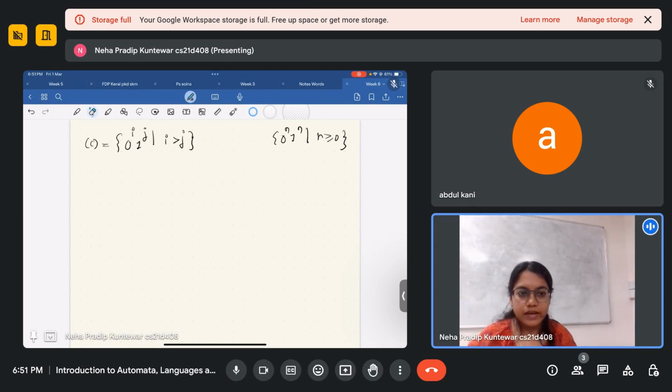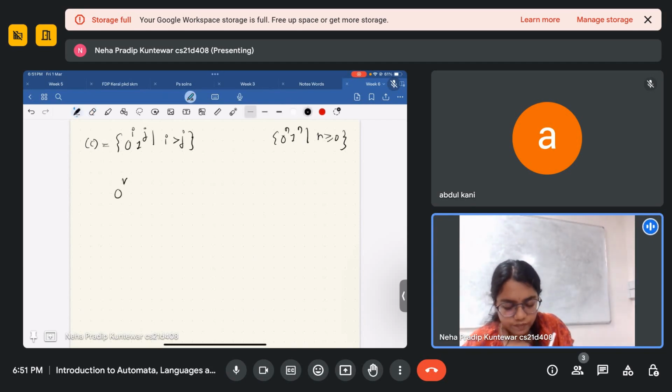Okay, so this one is slightly different from the previous examples. Let's look at 0 to the n plus 1 followed by 1 to the n. This string is in the language because the number of zeros is clearly more than the number of ones.